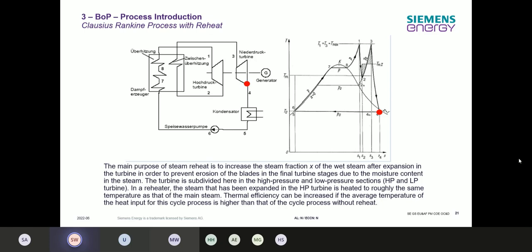So as said before already, it can be that we have reheating. Your turbine doesn't have it. You have HP and LP, but you can have a reheat, and then the process, of course, is also working.